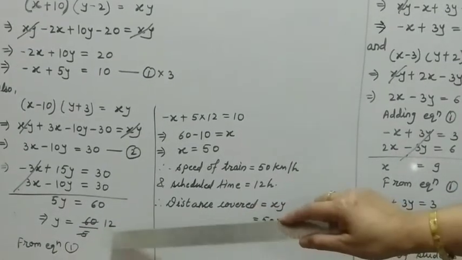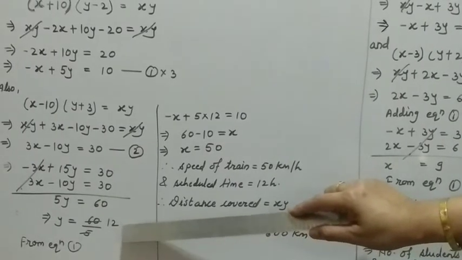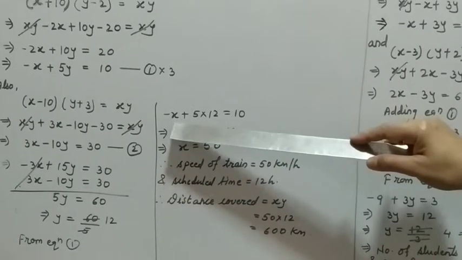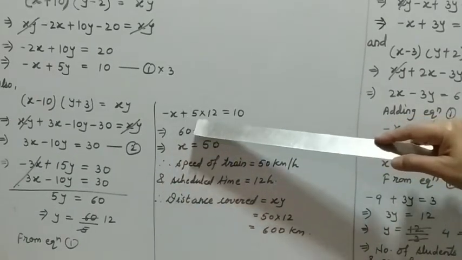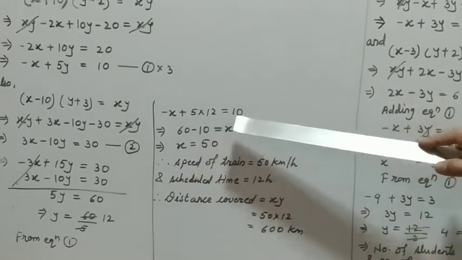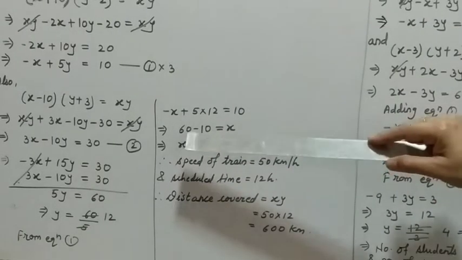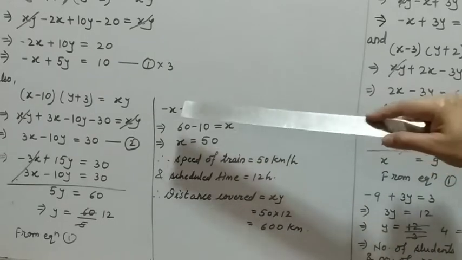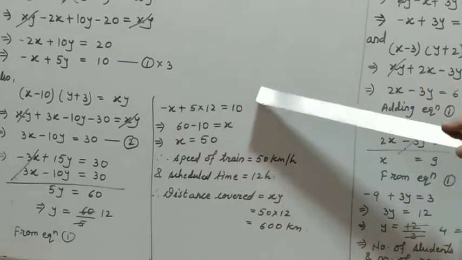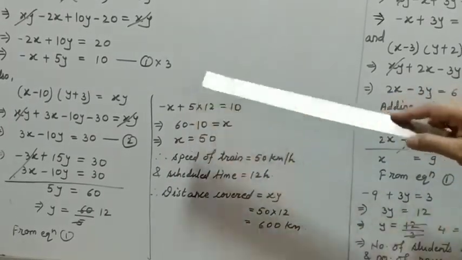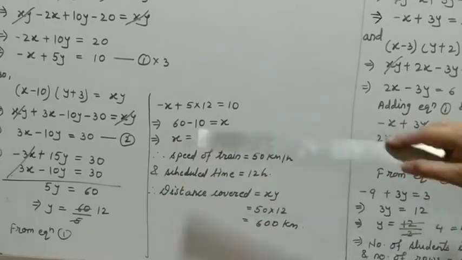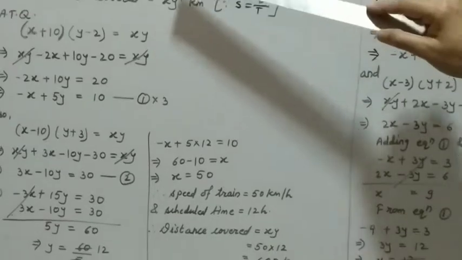Now putting this value of y equal to 12 in equation number 1, we get minus x plus 5 into 12 is equal to 10. That means 60 minus 10 is equal to x. Transferring this minus x to this side and 10 to this side, we will get x is equal to 50. x is the speed of the train.